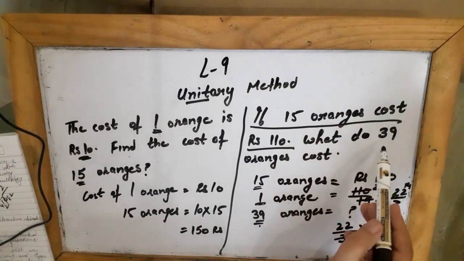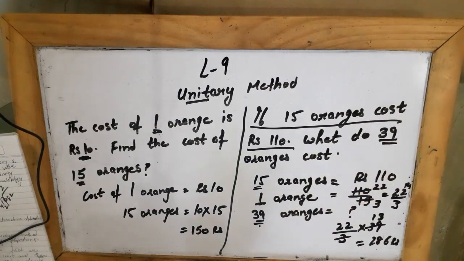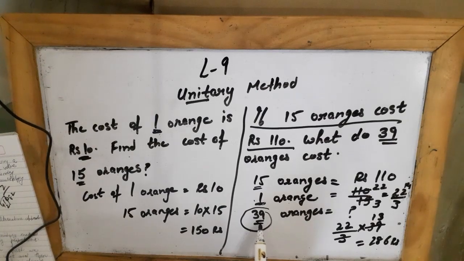What is required over here? Your required unit is 39. First we find the value of single unit and then the required value we find out by multiplying the single unit value. So this technique is called the unitary method.